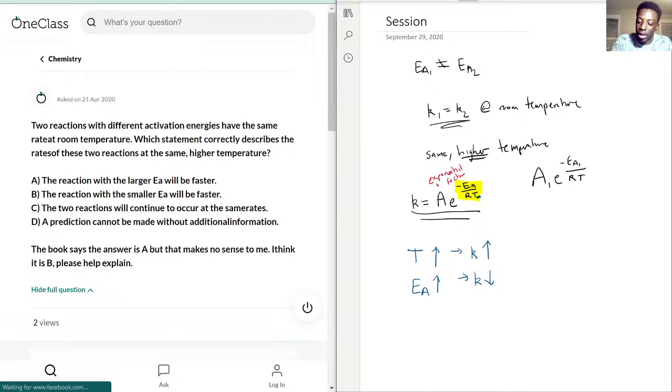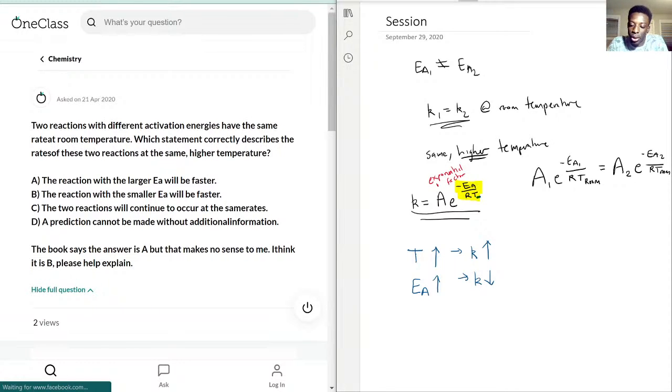Actually, to make it less confusing, I'm going to put temperature room, is equal to A2 e to the power of negative activation energy of the second one over R times temperature room. Okay, so now we have those two.